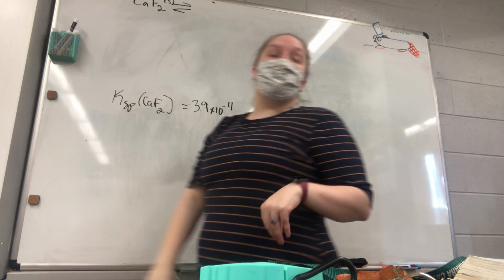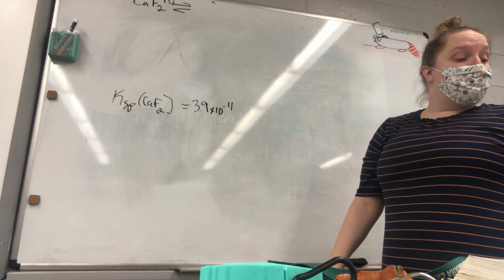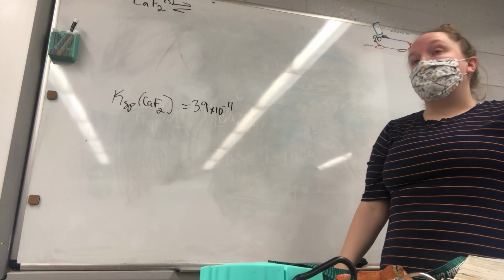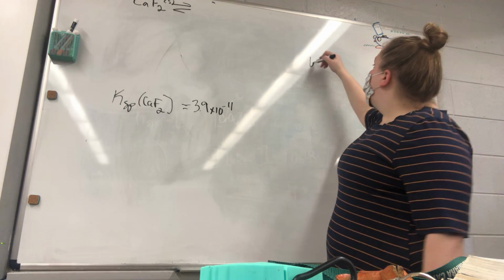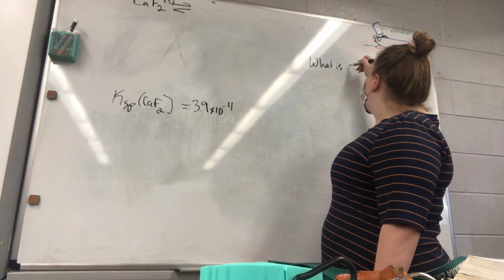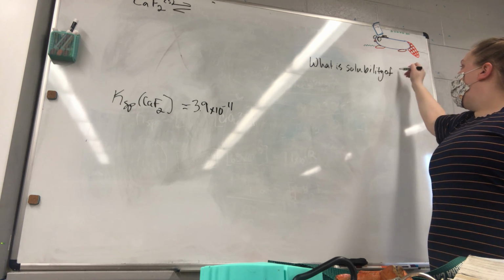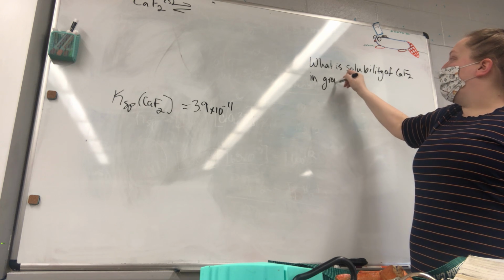Remember that it is a solid when it starts, completely when it dissolves, and that there are no other important equilibria affecting its solubility, aka the temperature isn't being changed, we're not adding anything, etc. Our goal is, what is the solubility of CaF2 in grams per liter?